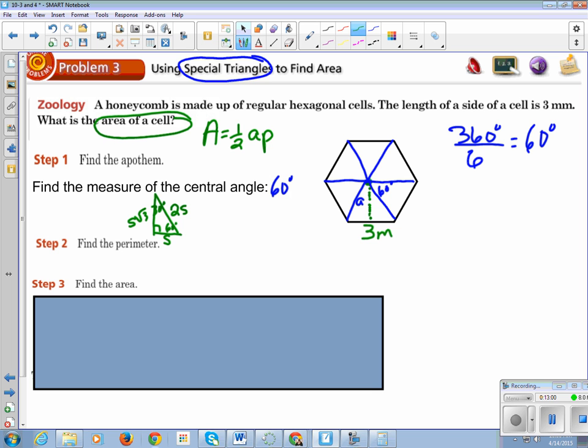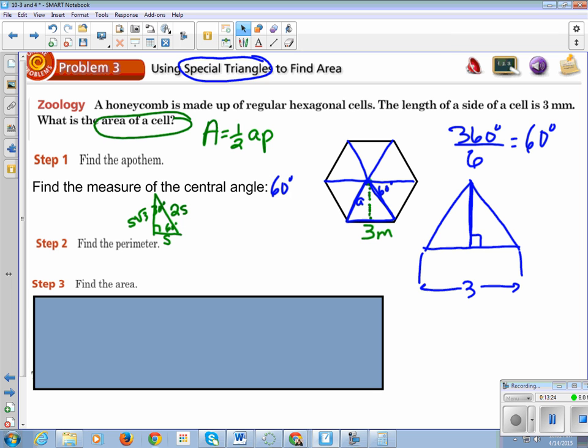Now, how does that compare with here? I have this blue triangle right here, and I'm only going to look at half of it. So I'm going to cut it in half. If this whole thing is 3, what is half of it? 1.5.